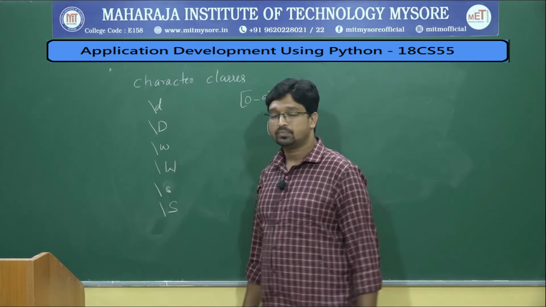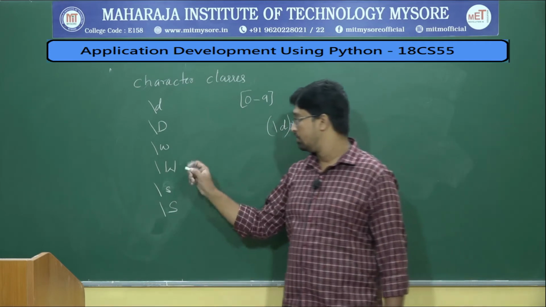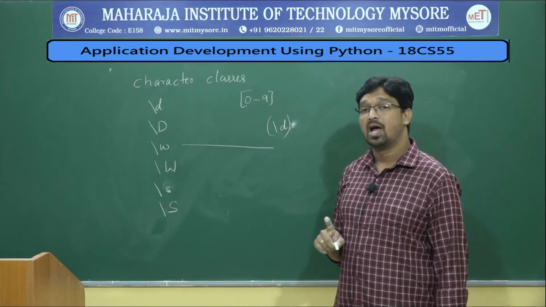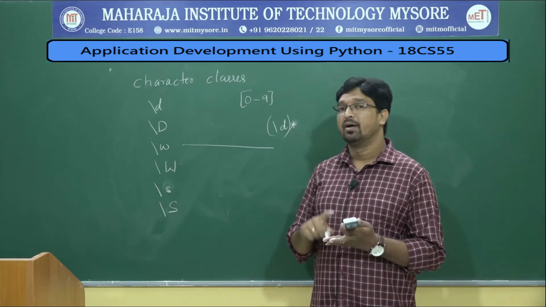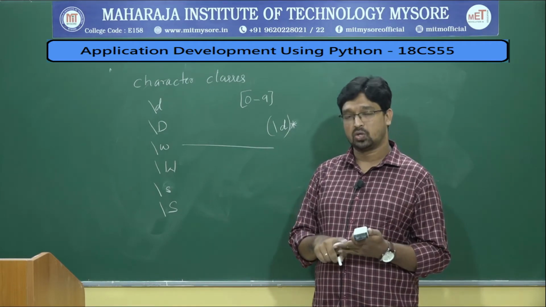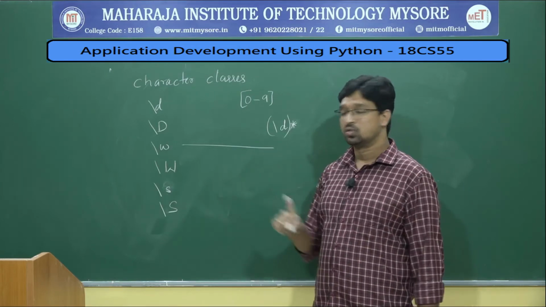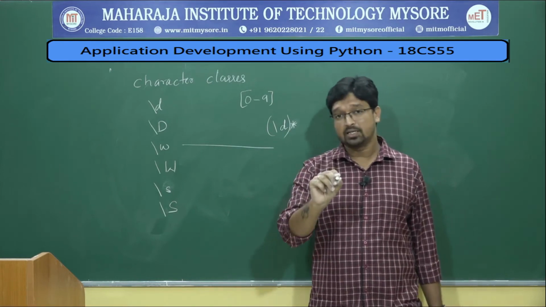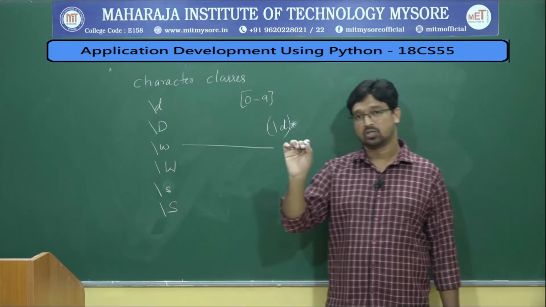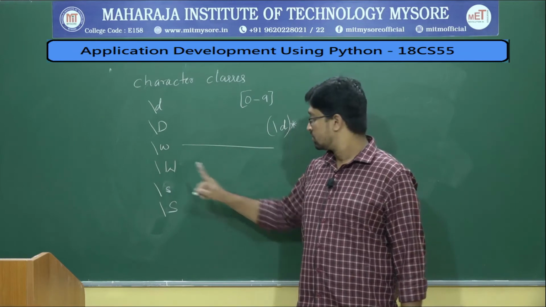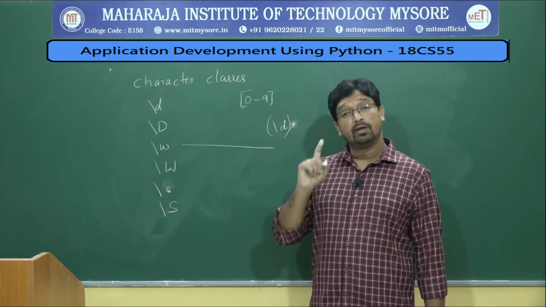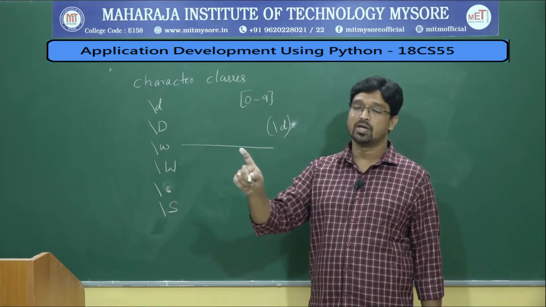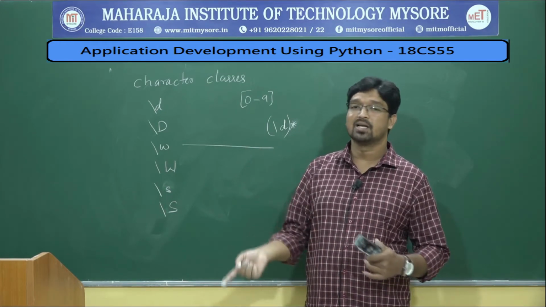Then we have W. So small w will match either a character, number or underscore, three things. So it will match whether the string is made up of characters, numbers, underscore, then it will work. So what about capital W? It will not match characters, numbers and underscore, and it will match other special characters.